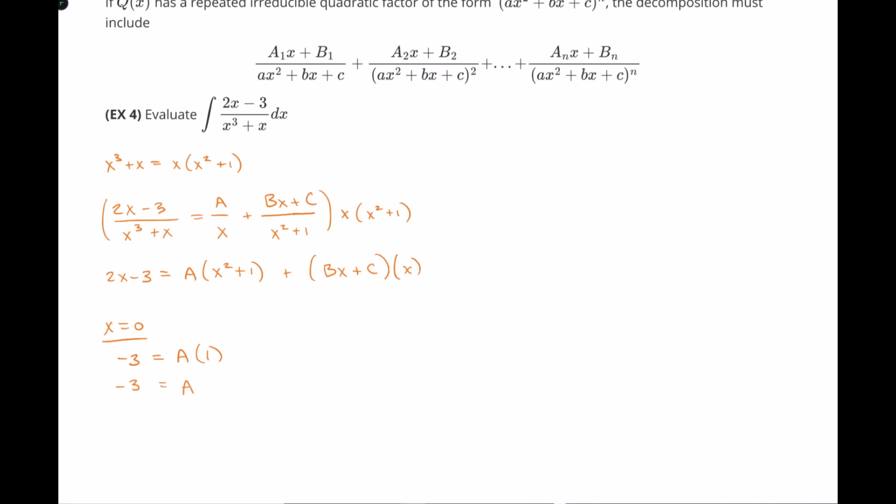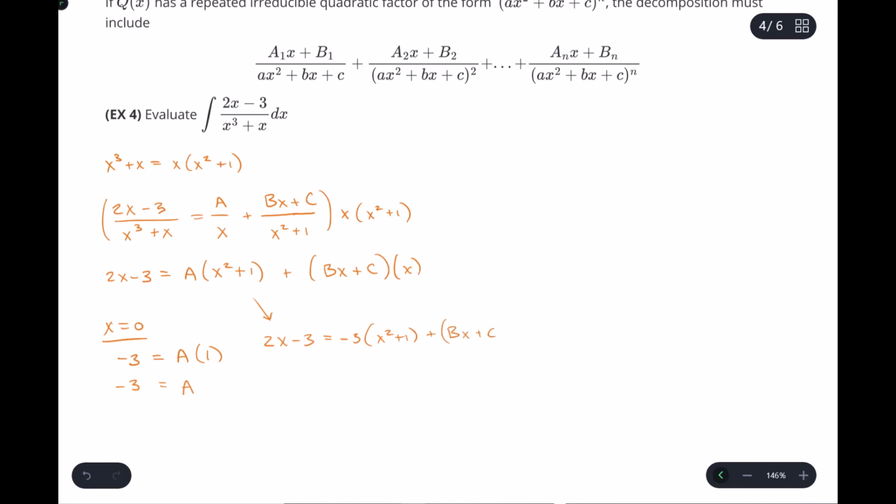So here's what we're going to need to do. First off, we can take the knowledge of a being negative 3 and use that to our advantage. So let's just plug that in. All right, so I'm taking this equation here and going to write this as 2x minus 3 equals negative 3 times the quantity x squared plus 1 plus the quantity bx plus c times x.